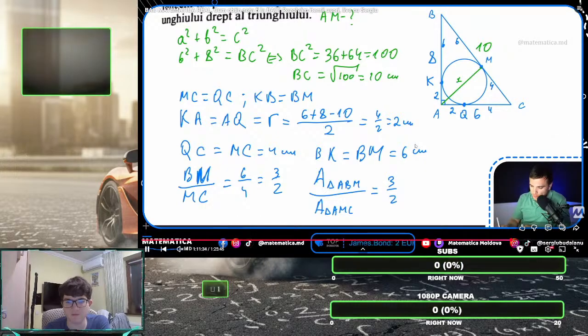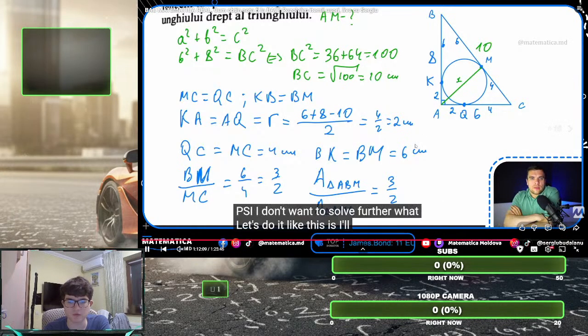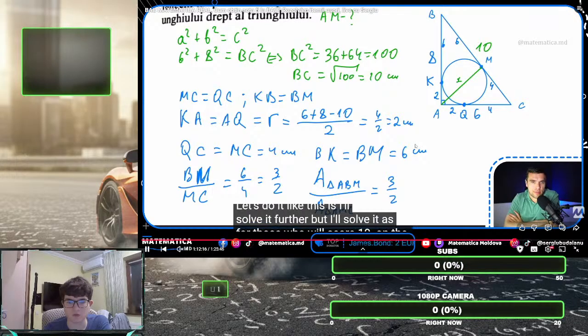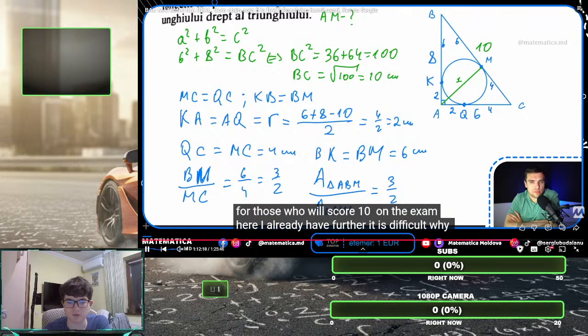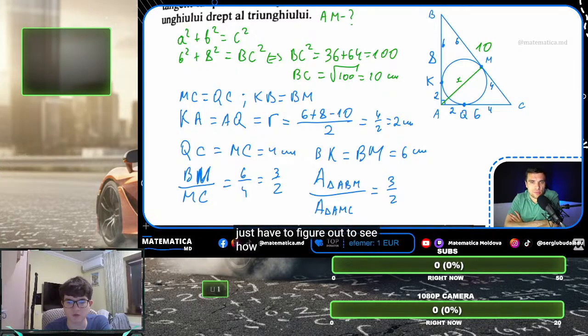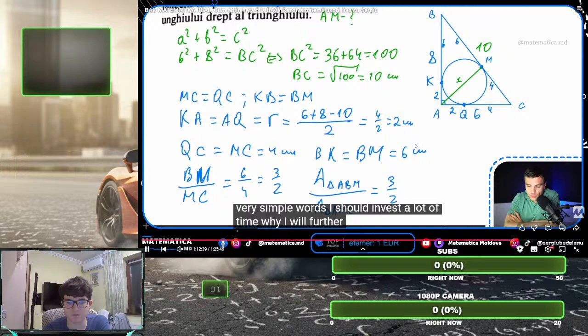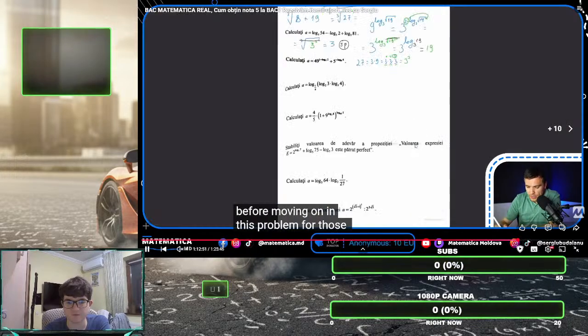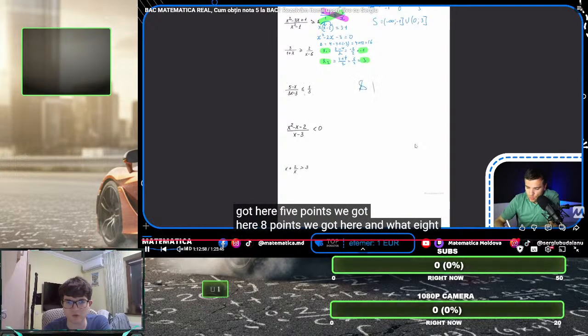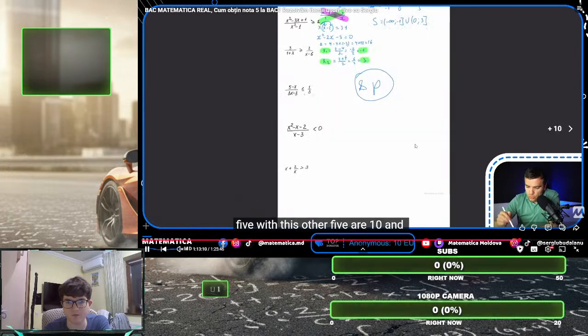And it shows a formula with an area, triangle ABM, 3 divided by 2, and AMC, 2 there. Why do I need that? So basically, he moved on.